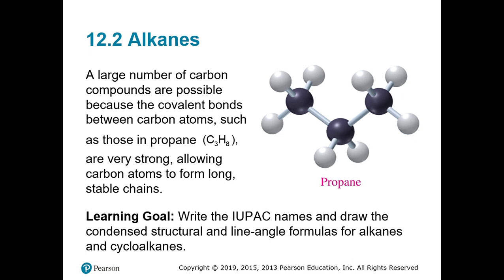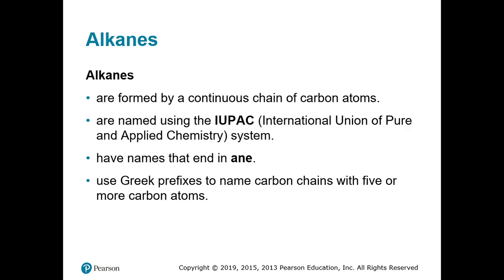Before we move into the properties and the different reactions, we have to know how to name them according to IUPAC. When you are trying to name alkanes, you have to identify a continuous chain of carbon atoms, and the name will end with ANE.